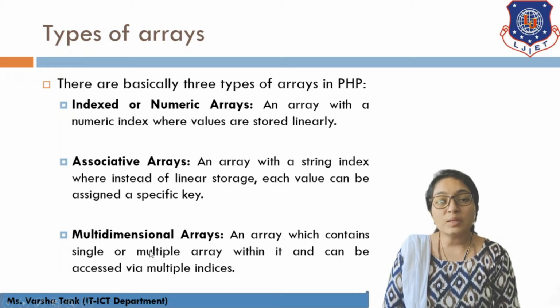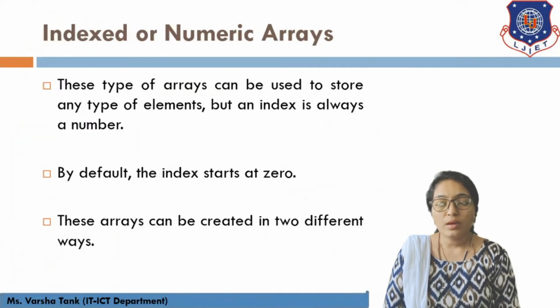Now let's see them one by one. First is the indexed or numeric array. It is also known as an indexed array, or a numeric array. This type of array can be used to store any type of elements, but the index is always a number.